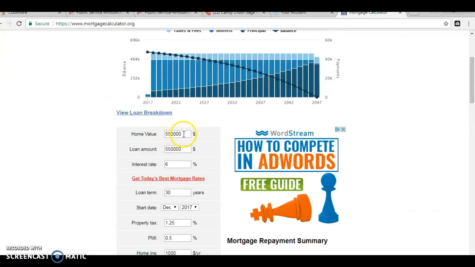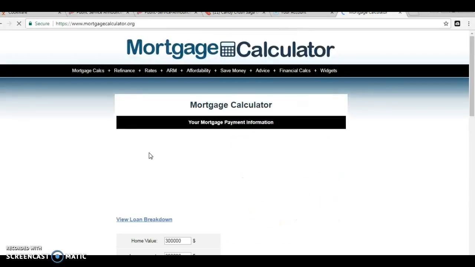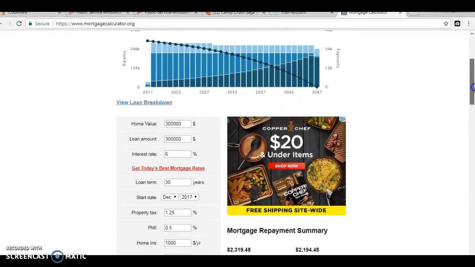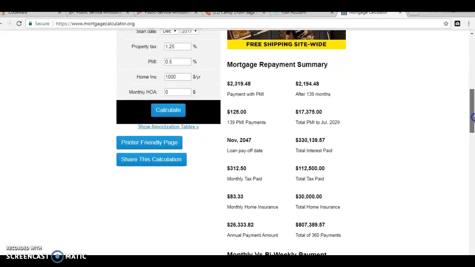Instead of $256,000, I'm going to put in about $300,000, because when I put in $256,000, the bottom number is going to jump up as well. So I just put in $300,000 to borrow, and you're going to say it's $2,300 a month.